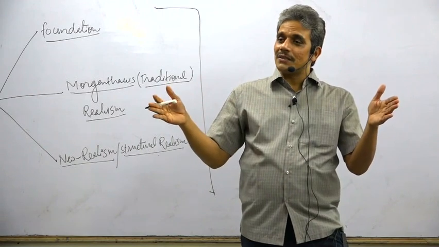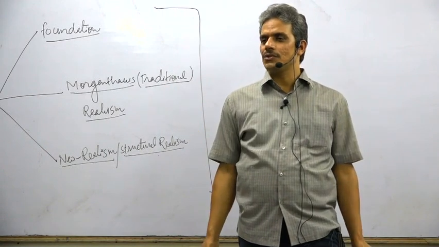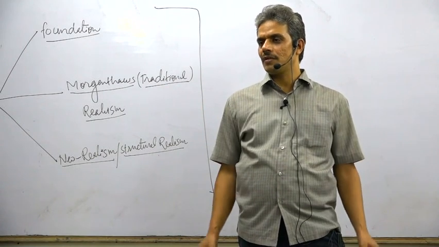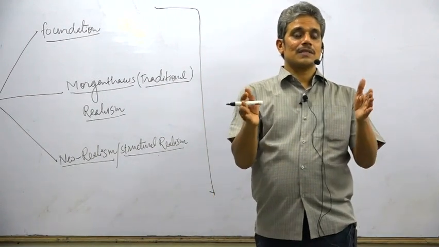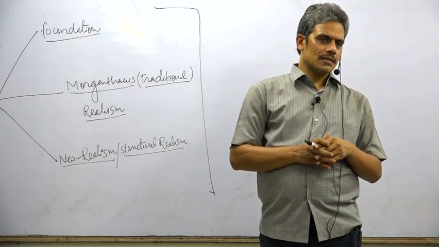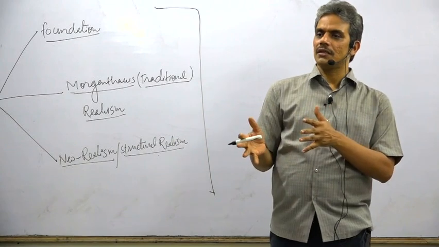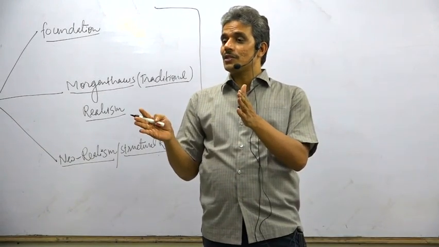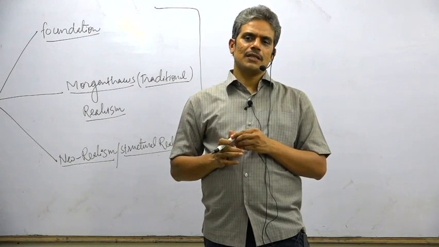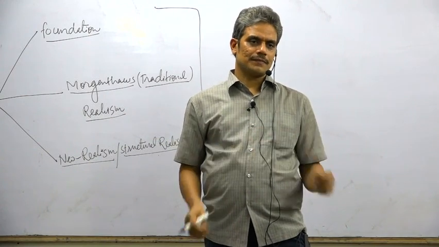Just tell me how you make relations. Forget about India and Pakistan. International relations means we want to search for a pattern of relation between India and Pakistan, between India and China. And to search for that pattern, first you tell me how you make a relation.